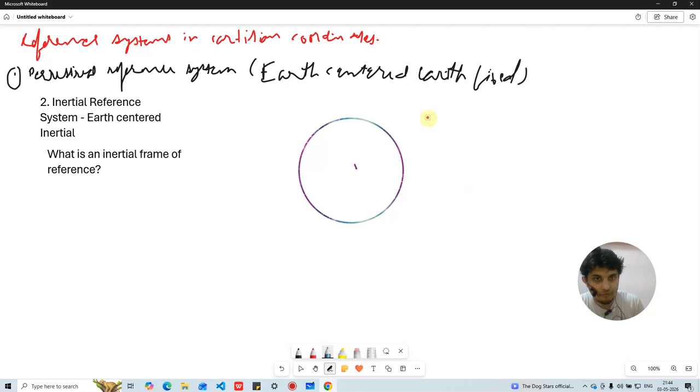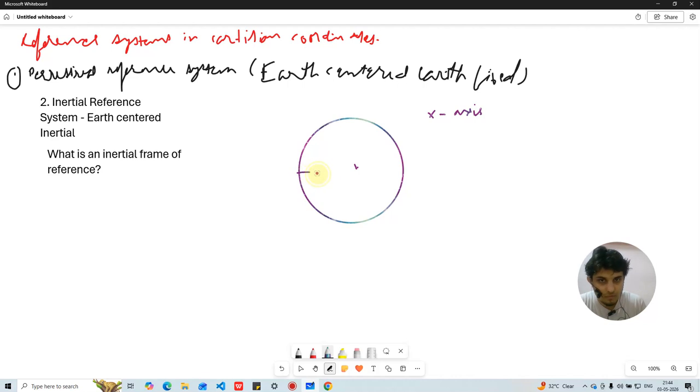How are we defining the x-axis? It points from the Earth center to the intersection of the equator.